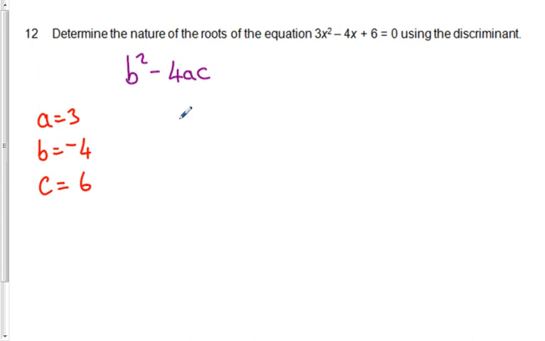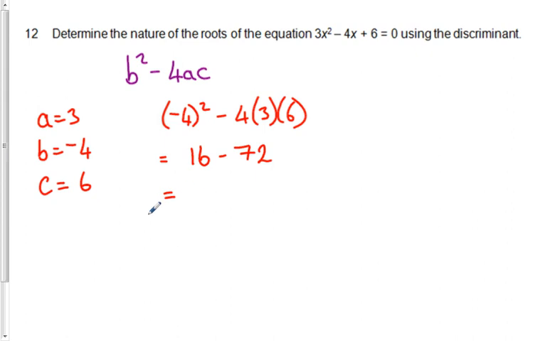So filling in our numbers, we get that -4 all squared minus 4 times 3 times 6 is equal to 16 minus 4 times 3 is 12. 12 times 6 is 48. No, it's not. Sorry, it's 72. 16 minus 72 is -56.